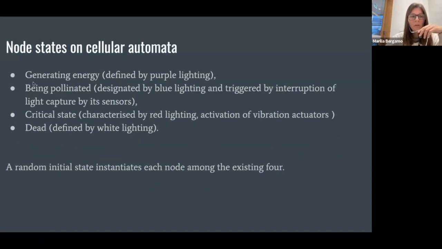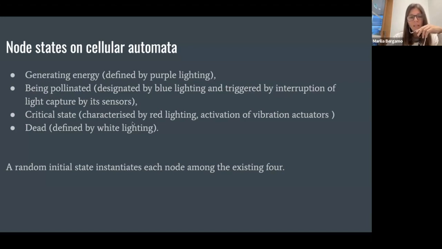But the ones that have local decision-making have states. Each node has a state. The first state is generating energy for the grid, which has the purple lighting. Being pollinated, which was an interaction, we represent with the blue light, and it was triggered by the interruption of light.